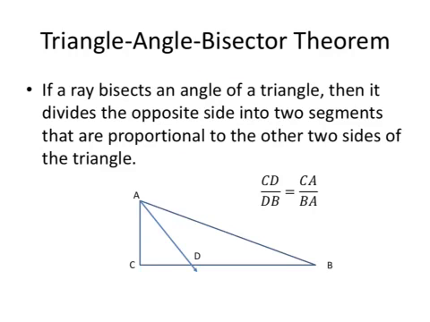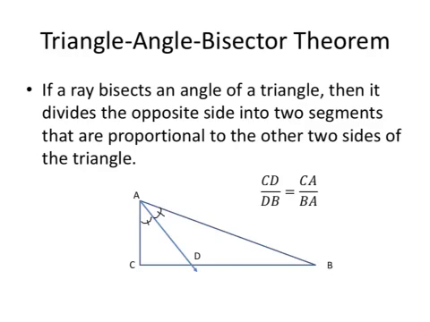Now let's talk about the triangle angle bisector theorem. So we have a triangle, any triangle. This one happens to look like a right triangle, but we don't know that it is. And we have this bisector. It's an angle bisector for one of the angles, and it cuts angle A into two equal pieces. Okay?